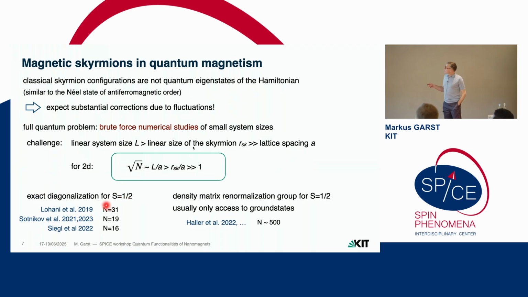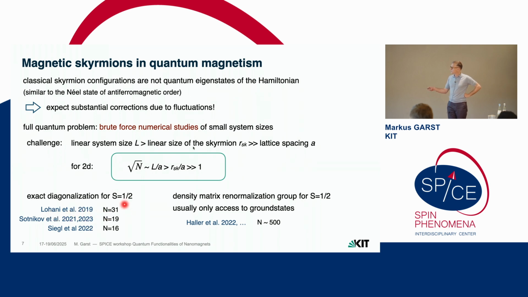Okay, so one numerical approach is just exact diagonalization for a spin 1/2 system. You can just take the full quantum Hamiltonian with interactions that stabilize skyrmions and do an exact diagonalization study.